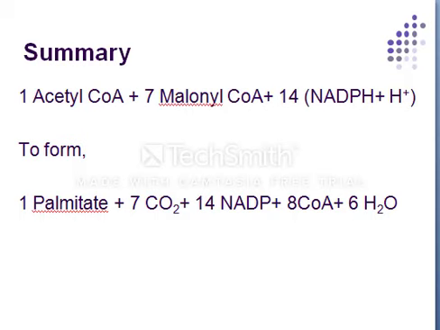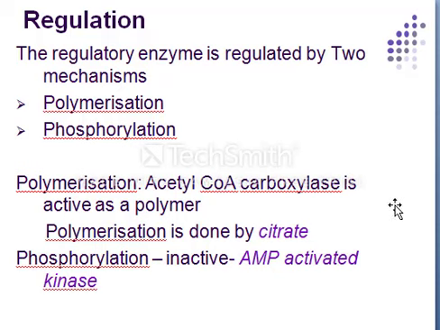So now the regulation. Coming to the regulation, how is it regulated? Acetyl CoA carboxylase, which is the rate limiting enzyme, is regulated by two mechanisms, that is polymerization and phosphorylation. Acetyl CoA carboxylase is active as a polymer. Polymerization is promoted by citrate, and phosphorylation, which makes it inactive, is done by AMP activated kinase.